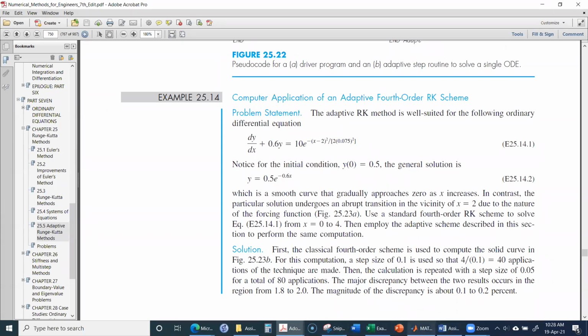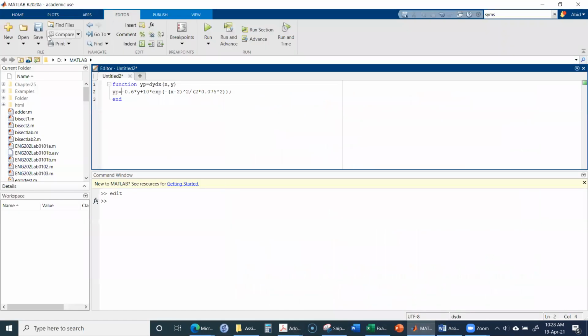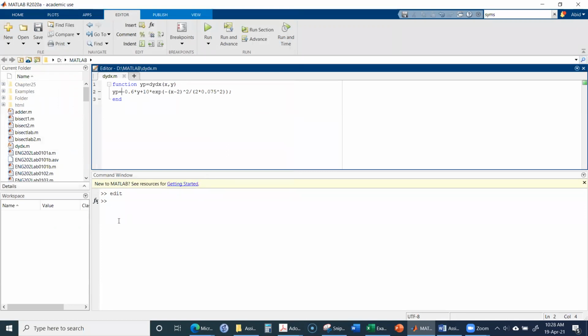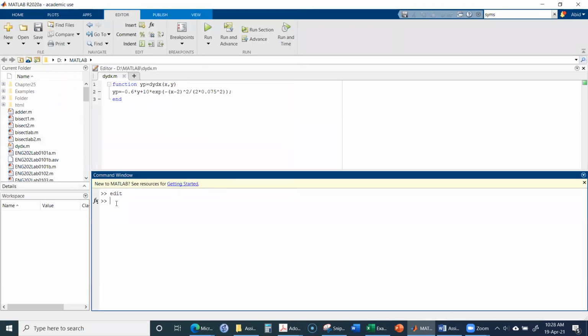So I have saved this function over here, and I will save it as dy dx.